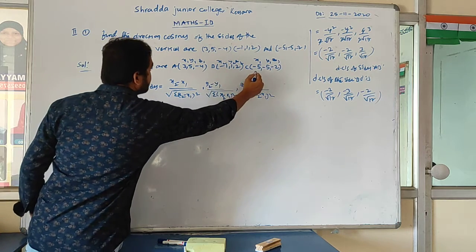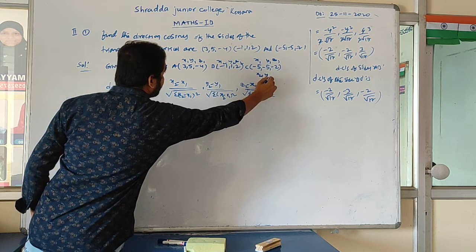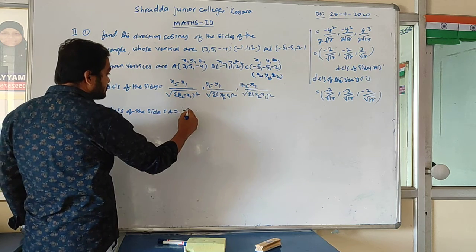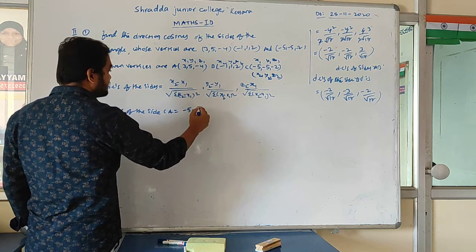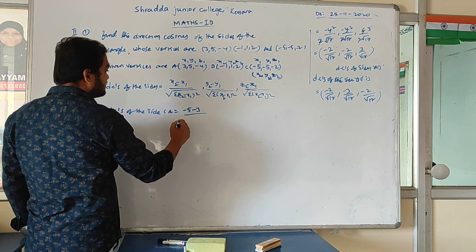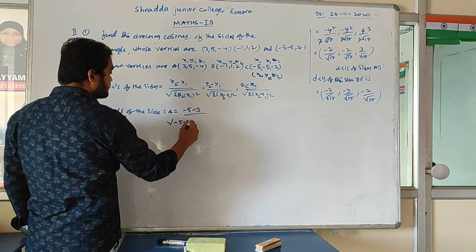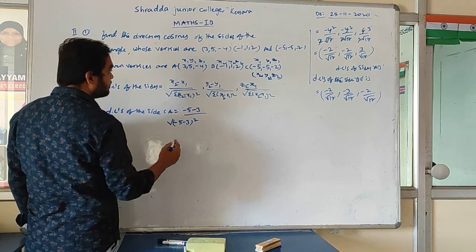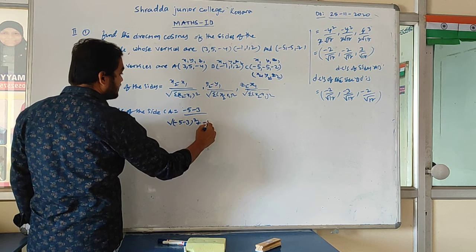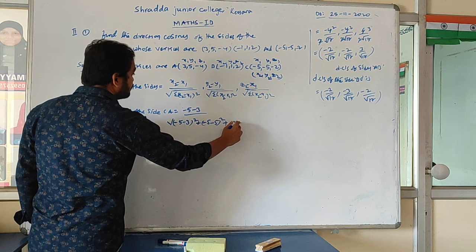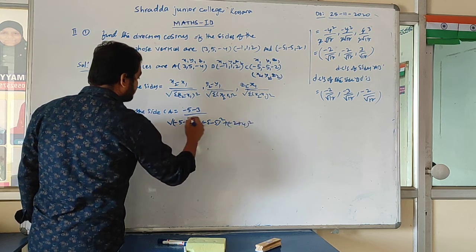Now C is denoted by x2, y2, z2. What is x2 here? Minus 5 minus x1, that is 3, by the square root of (x2 minus x1) square: (minus 5 minus 3) square plus (minus 5 minus 5) whole square plus (minus 2 plus 4) whole square.